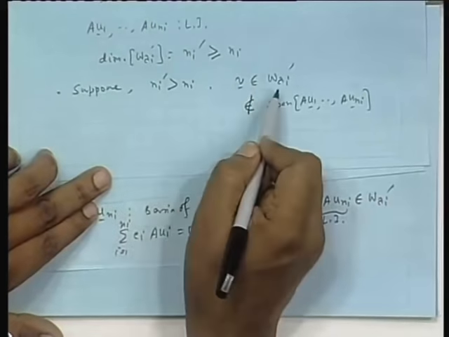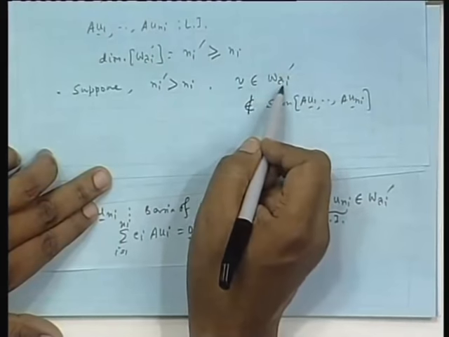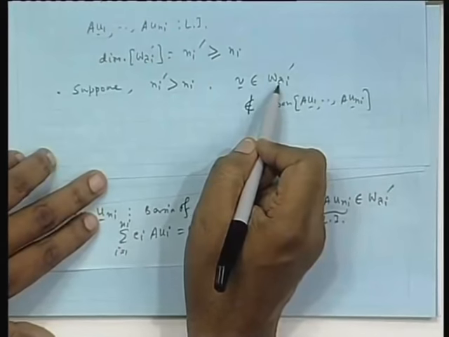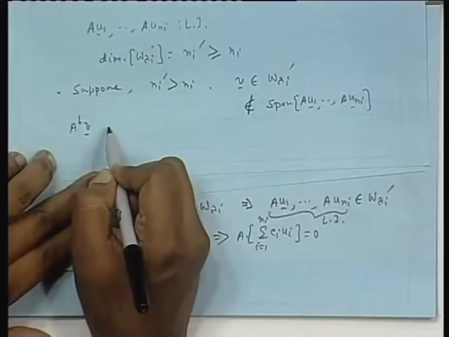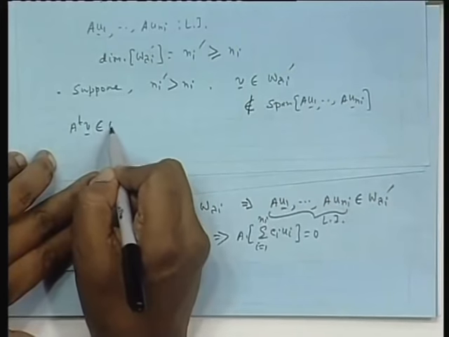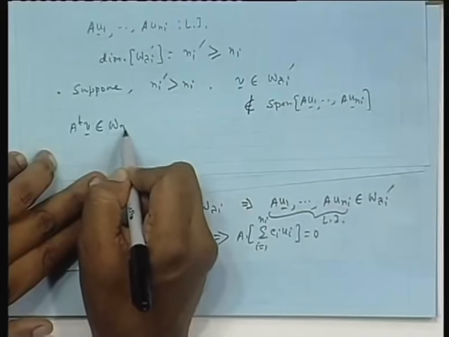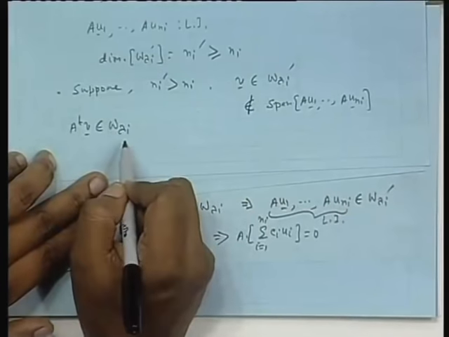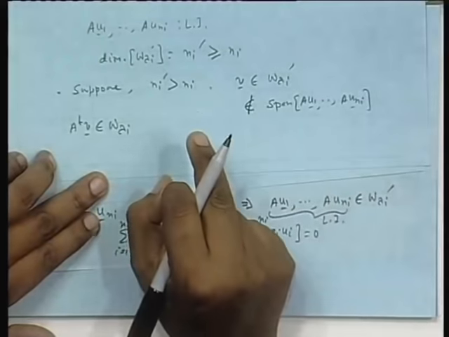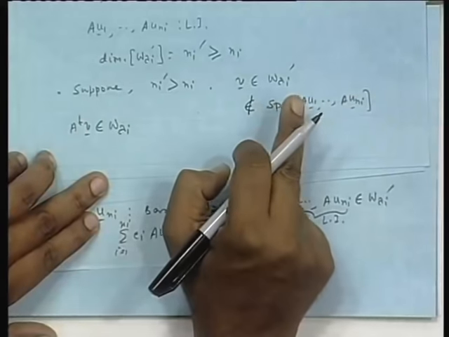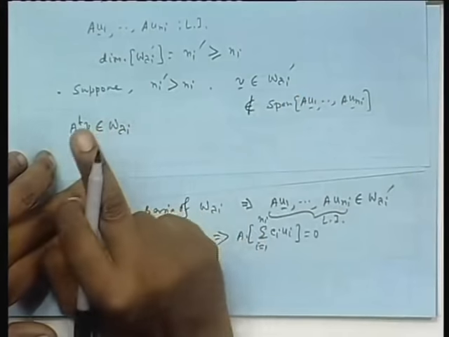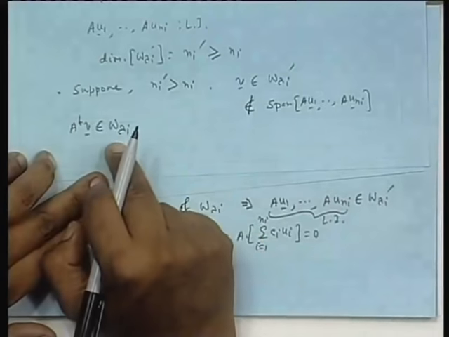That V is an eigenvector of A A transpose corresponding to eigenvalue lambda I. That means A transpose V is an eigenvector belonging to W lambda I with the same eigenvalue, because I said that if A A transpose has an eigenvalue lambda I and eigenvector V, then A transpose V is an eigenvector for A transpose A for the same eigenvalue lambda I.